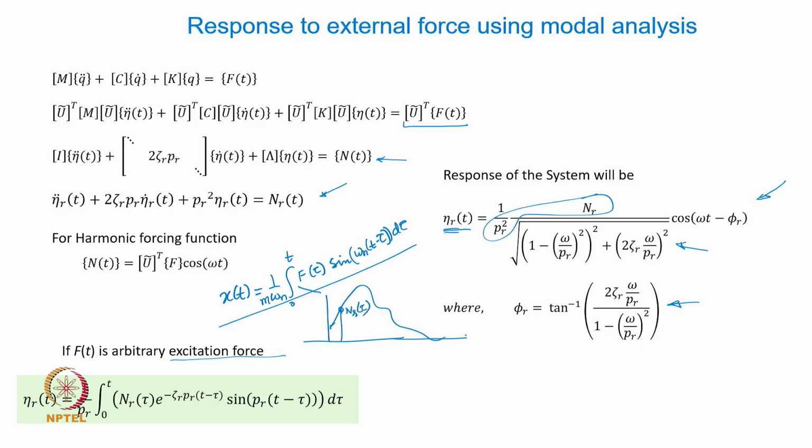When you do that, that is the way the response in the modal coordinates is obtained, very similar to what we have seen in the single degree of freedom system. And that is precisely the reason why we learn single degree of freedom systems first, learn them thoroughly, get all the insights into the phenomena, and then see how it simply extrapolates to a multi degree of freedom system, thanks to the modal transformation.